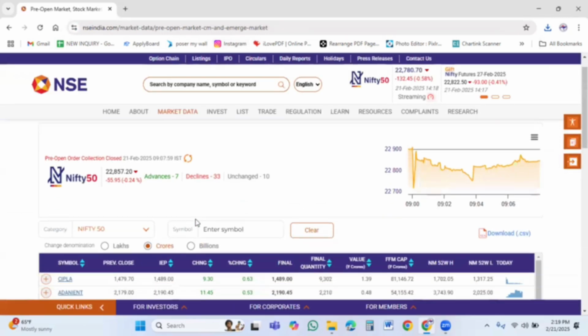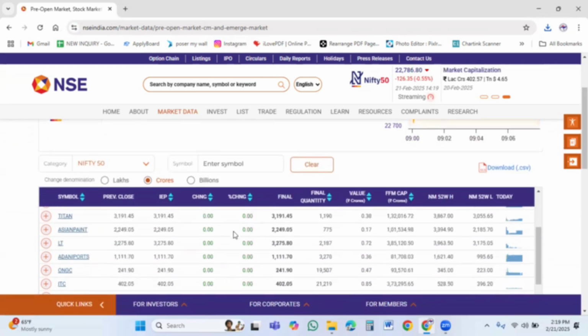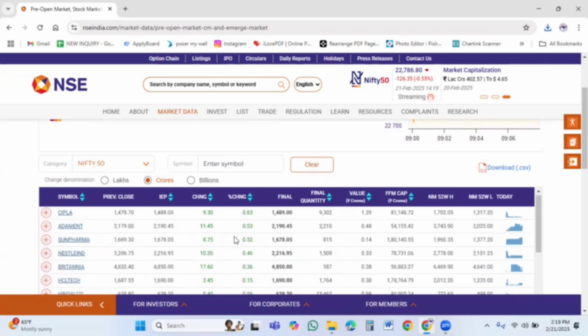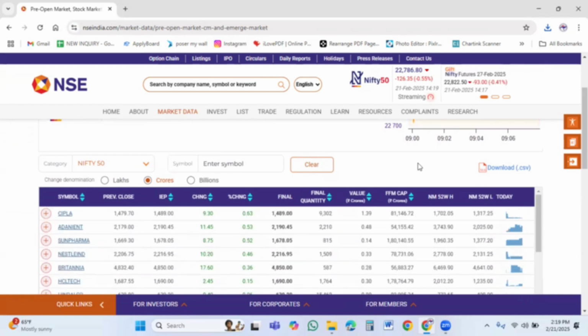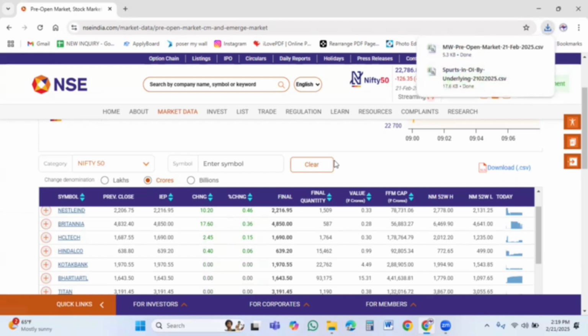You look at the timing here, 9:07:59. So if you open at 9:08 a.m., you will be able to see this list of stocks. This is before the open, showing in which stocks maximum interest is being shown before the market opens. So we will download the CSV as well.